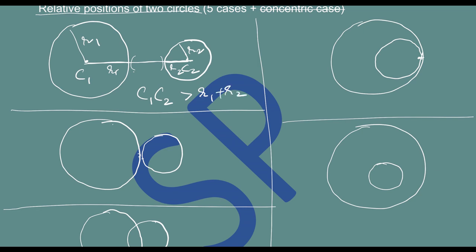Now coming to the second case where they are touching externally, I want you to observe that C1C2 here is equal to R1 plus R2. So that is when the circles are touching externally. C1C2 is equal to R1 plus R2.